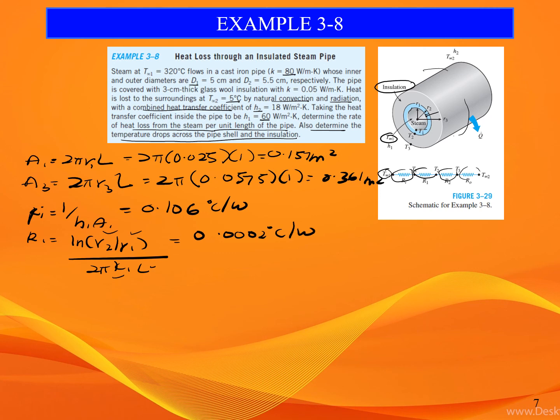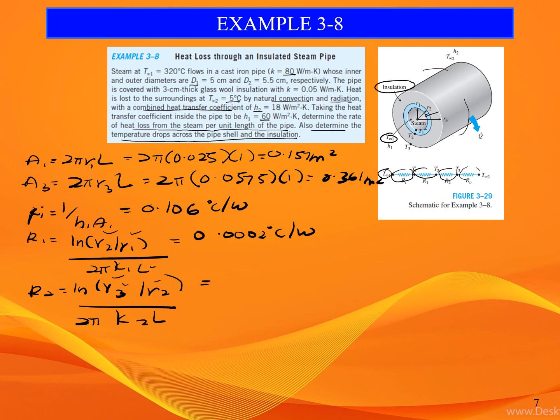So next we have R2. R2 is the same as R1, which means we use the same formula, not the same value: ln R3 over R2 over 2 pi K2 L. R2 is the insulation, so the thickness that we need to use is the difference between R3 and R2.